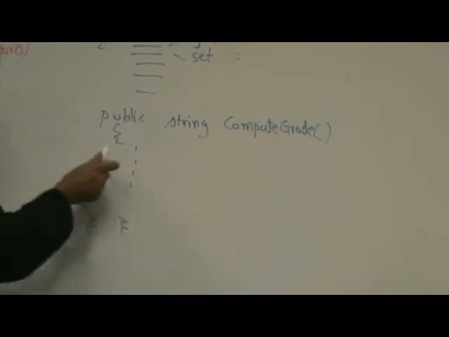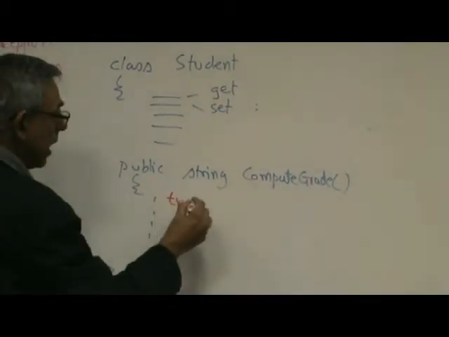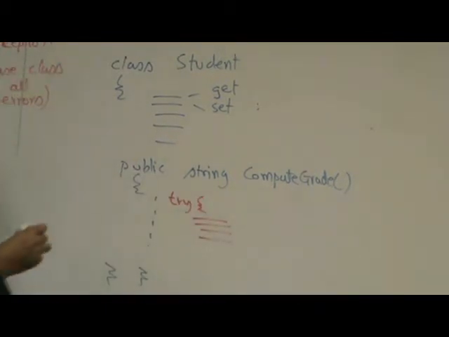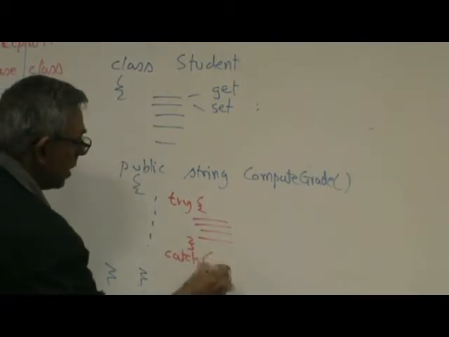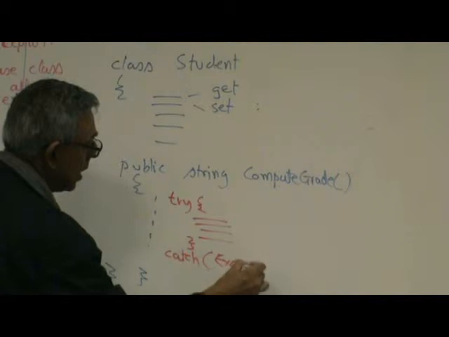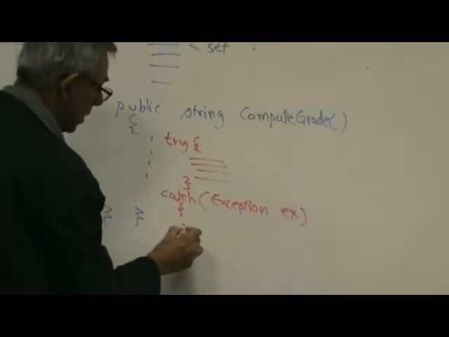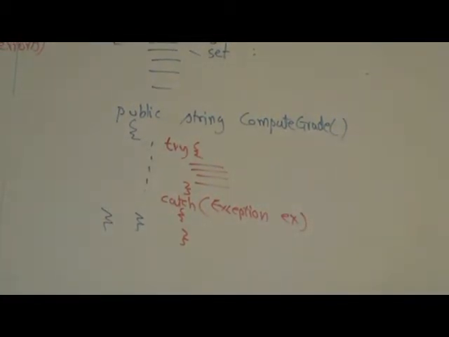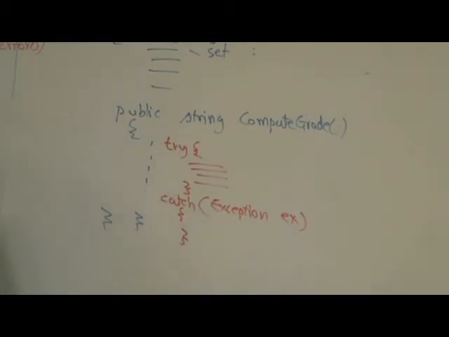Okay, so the proper way to write the Student class will be, you'll write a try, and whatever code we wrote for computing the grade, and then you will say catch, Exception ex. Okay, so the next question is, what should we do if we run into an error? What should we do in the catch part?